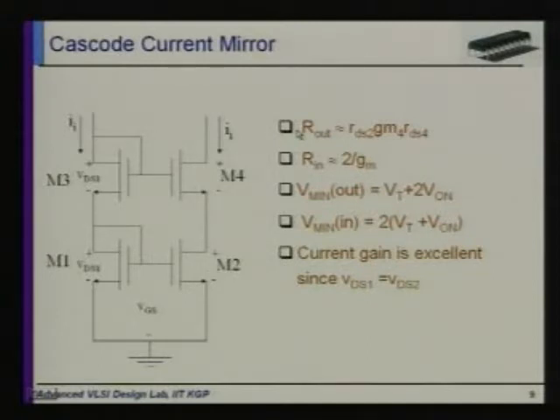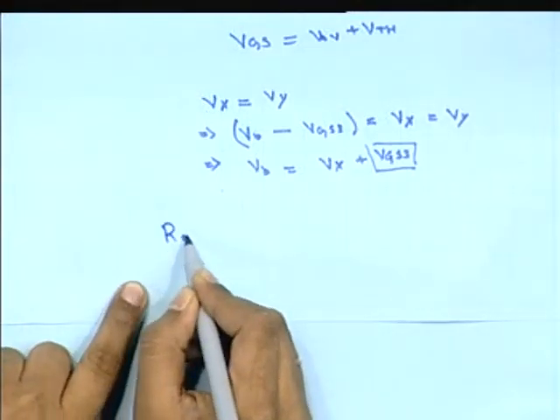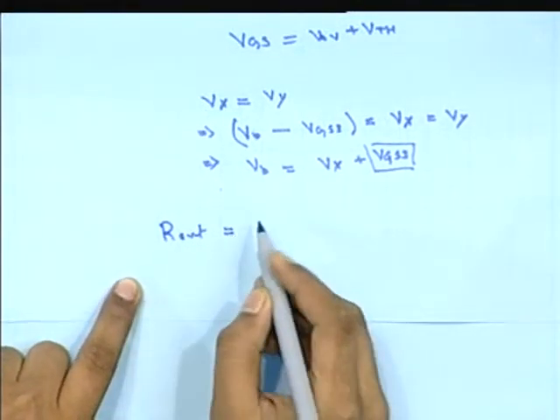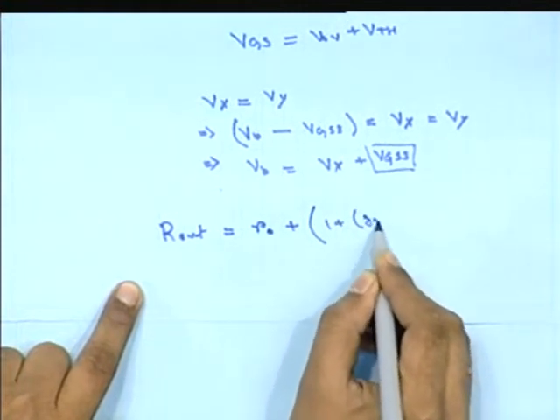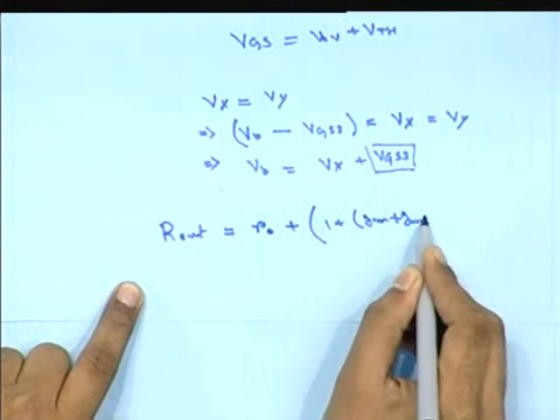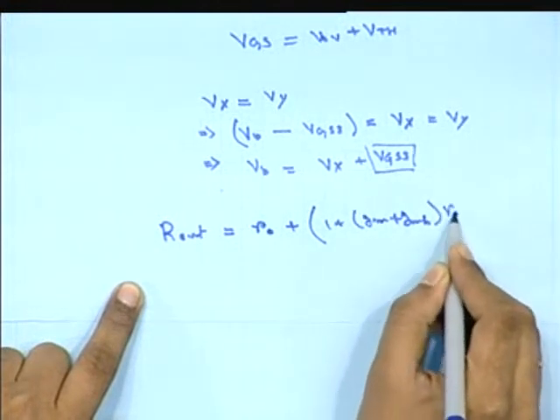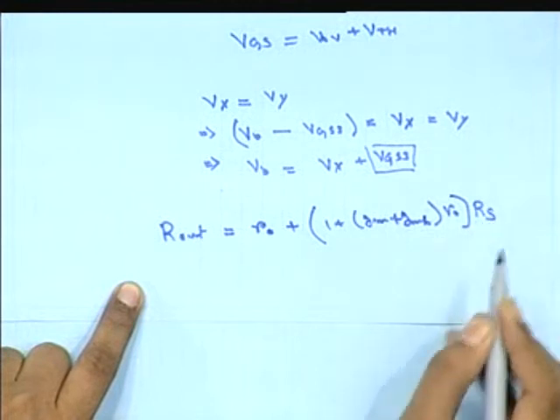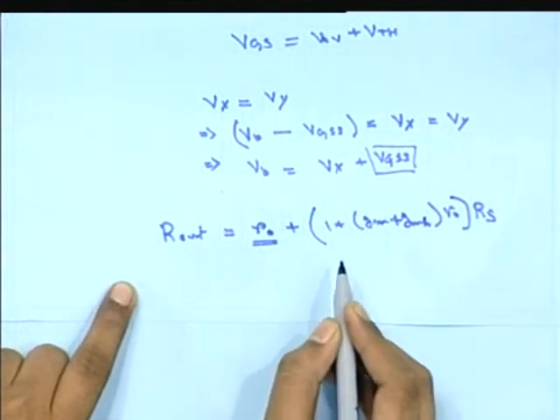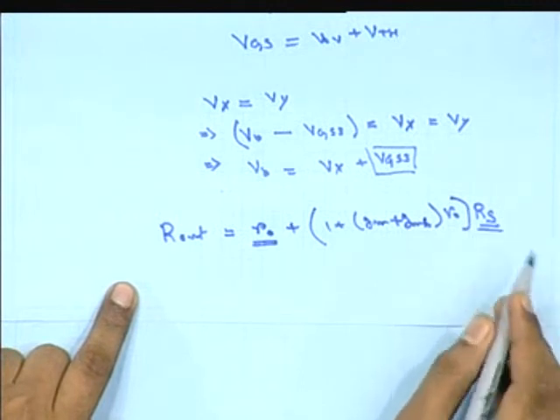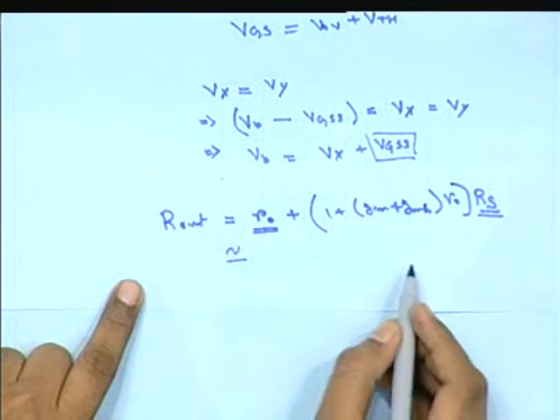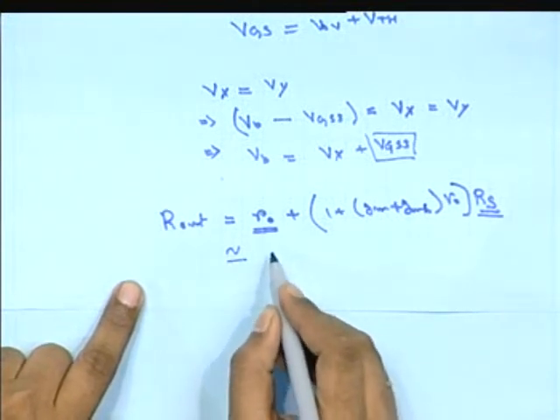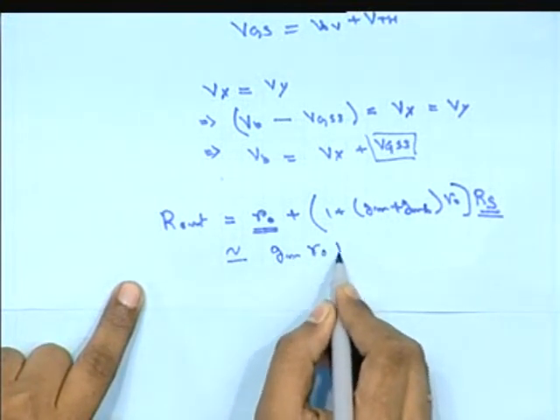R out is nothing but, for the common gate stage, we can find R out, where R naught is the output resistance of that common gate stage and Rs is the source resistance of that particular stage. So we can approximate this as gm R naught into Rs.